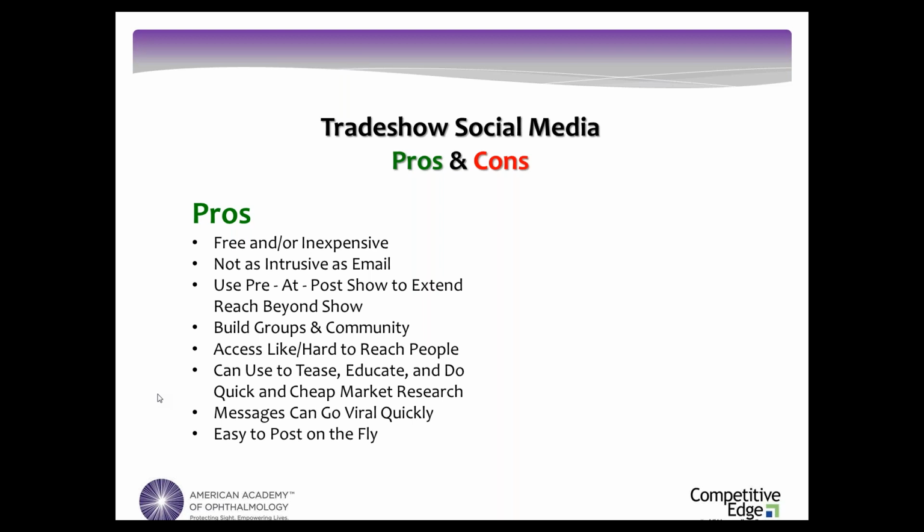If you post a good message in the right place, all of a sudden you can reach 500, 1,000, 5,000, 10,000 or more. And nowadays with smartphones and internet and social media, it's very easy to post content on the fly. So there's a lot of good reasons to be using it.